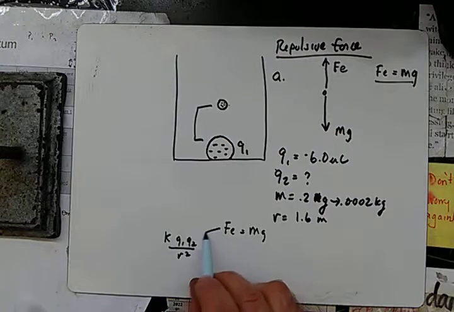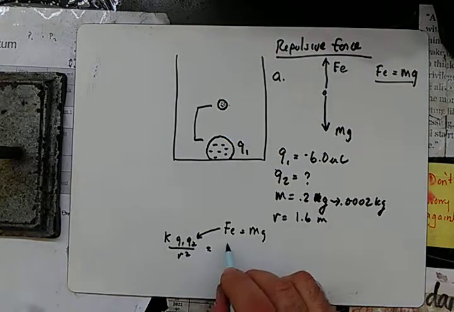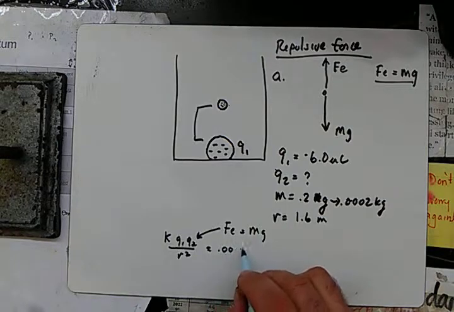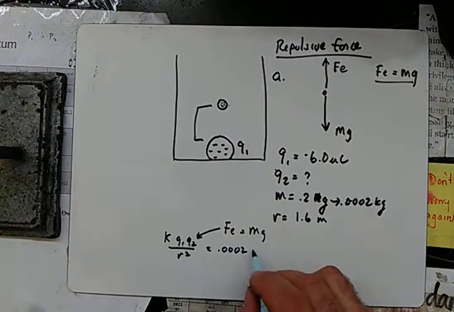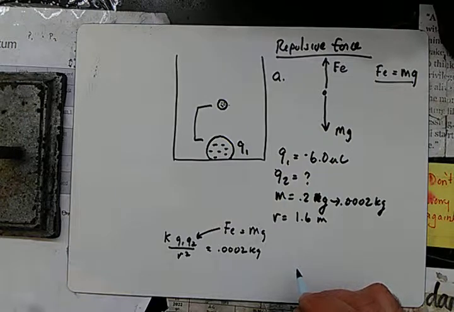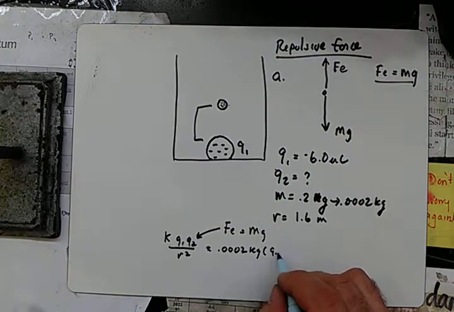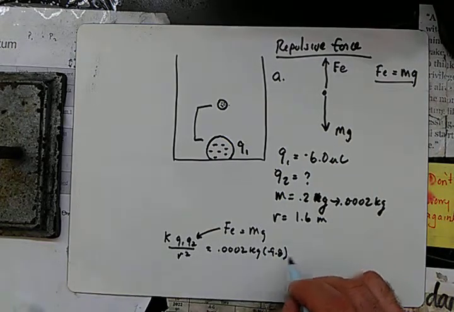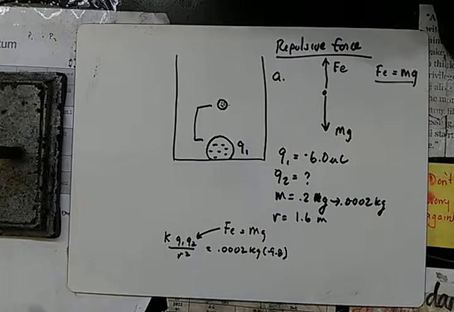So that's equal to the mass, which is 0.0002 kilograms, times gravity. Let's clean it up a little bit. Let's solve for this side, and then go ahead and try to solve for this side.